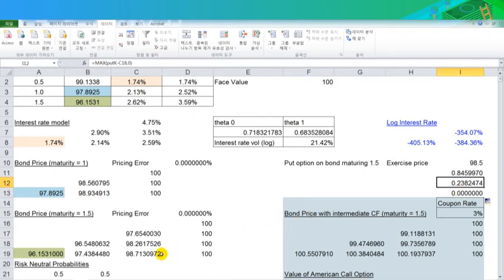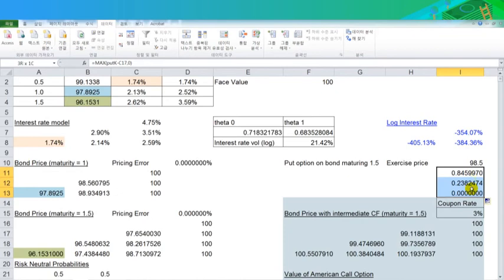And when the bond price is 98.7, this is greater than 98.5. Because a put option is the right to sell, the put option payoff is 0. People don't want to sell a bond whose price is 98.7 at 98.5. They don't want to sell their asset at a low price. So the option is not exercised.